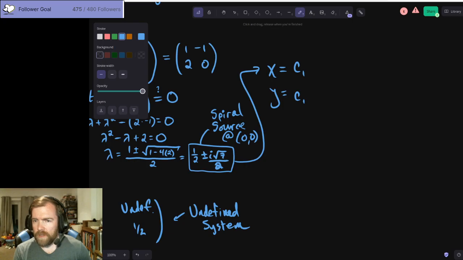C1 multiplied by, here we have C11, C12. I don't have those values on me, but again, we could do it out. It's just going to take a while. This is going to be e to the 1/2 t for both.